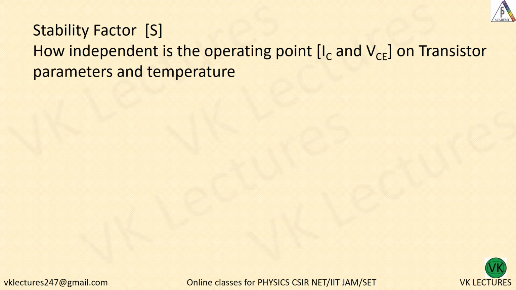Stability factor S is defined as how independent our operating point is. See, a basic idea of all the biasing conditions. What is the basic idea of these biasing conditions? The basic idea is simply to make the circuit independent or more stable.